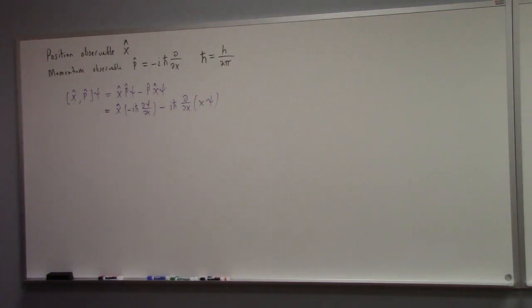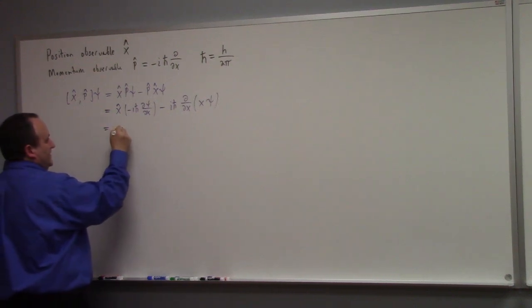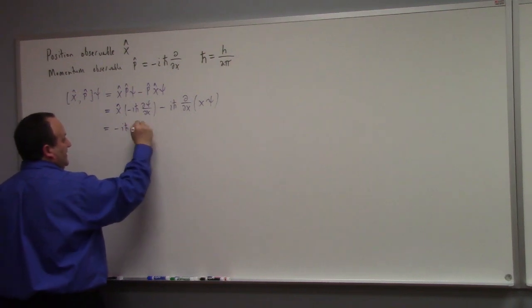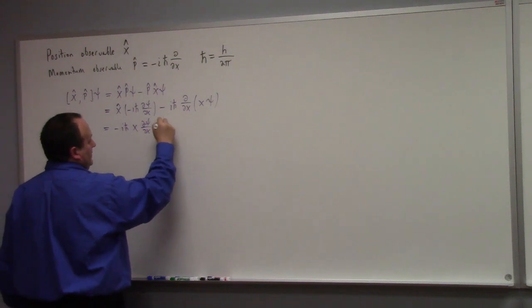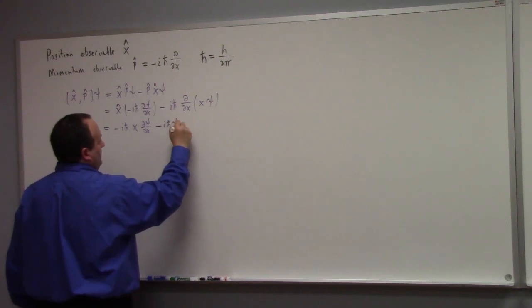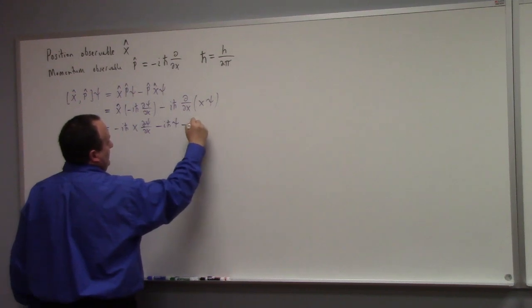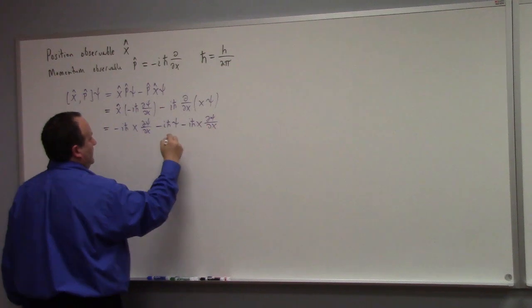And of course this also is kind of boring. It gives you minus i h bar x partial psi partial x and minus i h bar psi minus i h bar x partial psi partial x.